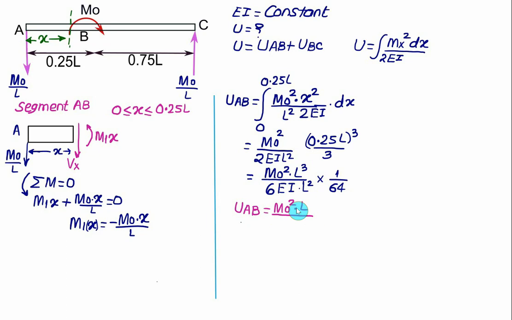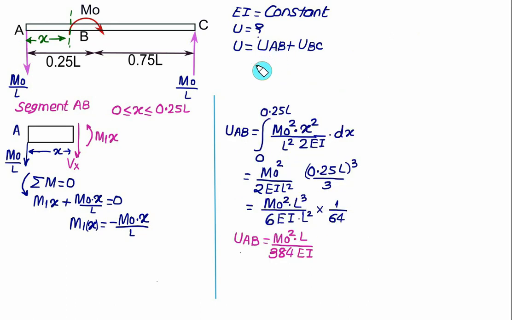In the denominator we have 6 into 64, which is 384, multiplied by E multiplied by I. So we know the first value here, that will be equal to M0 square into L divided by 384 times EI. Now we'll proceed for BC.